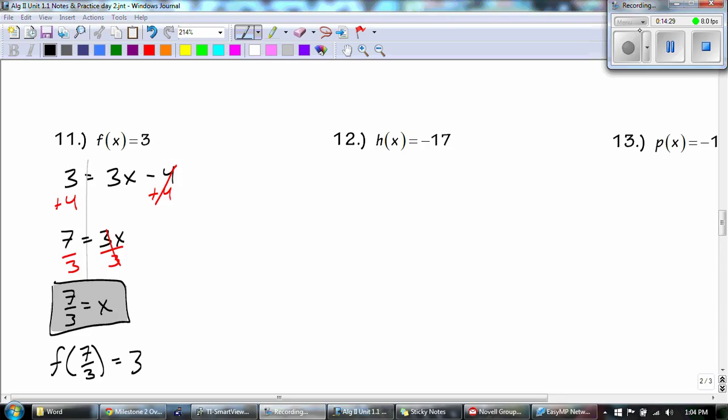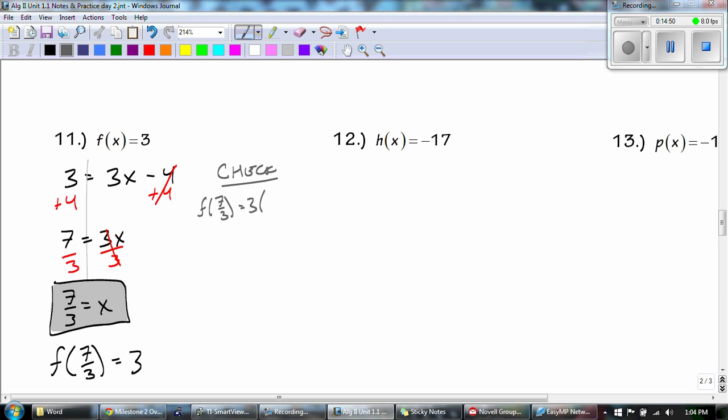Okay, so I added 4 to both sides, divided by 3, and I got 7/3 equals x. Now, I didn't know if that's true or not, so I actually went through and did the check. I'm going to plug in 7/3 and figure out what it is.